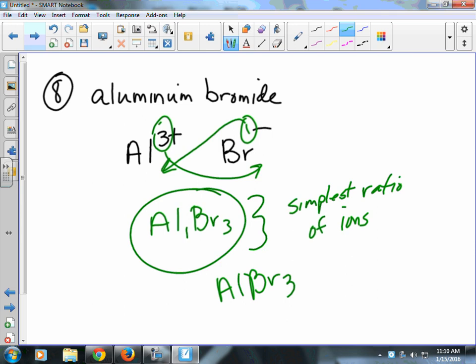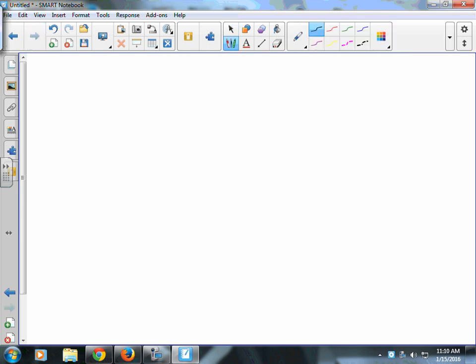Number 9, beryllium sulfate. Okay, beryllium. Symbol and charge. Be.